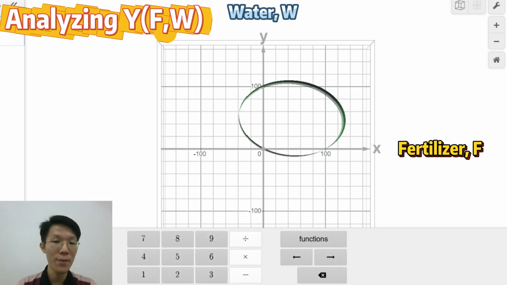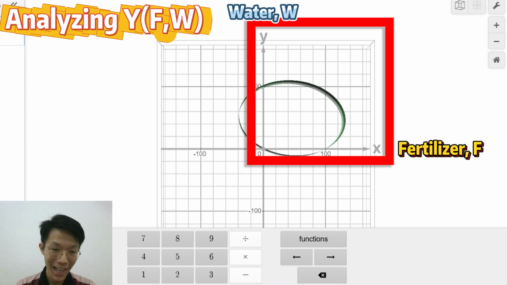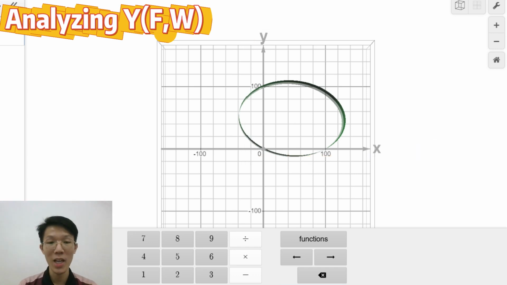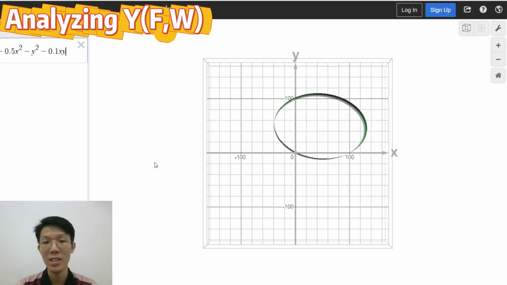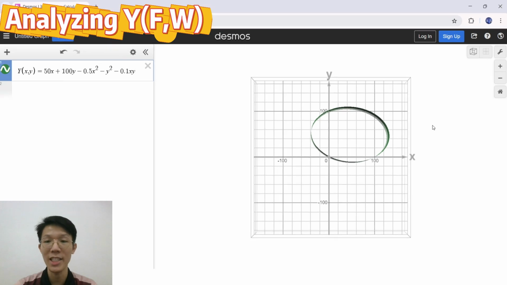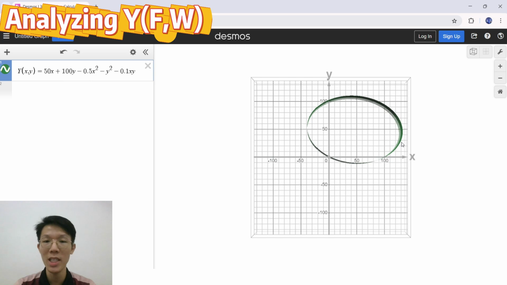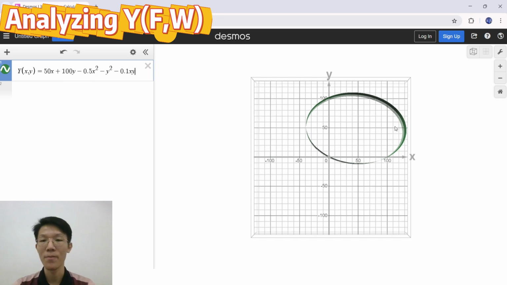Thus, the values of these variables must be positive, so the answer will only be in the first quadrant. But it is just a prediction, okay? Now, notice the highest point, which will be calculated later. Therefore, the shape suggests there's an optimal balance. At its edge, too little or too much of either input will lower the yield. Thus, this graph sets the stage for our optimization.